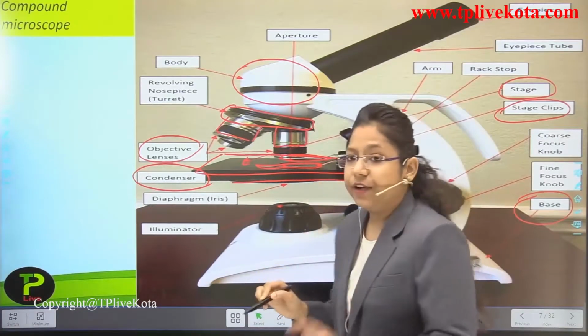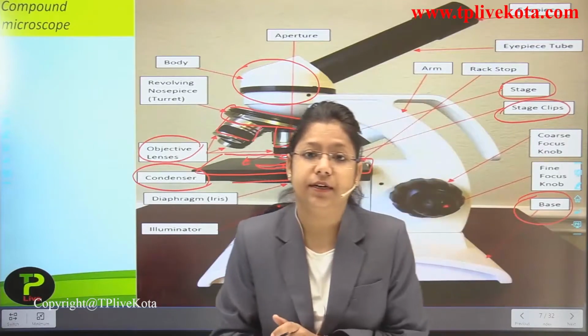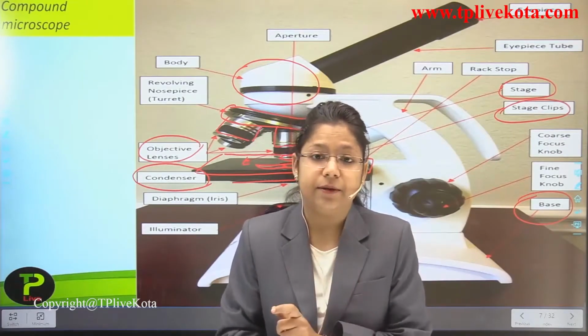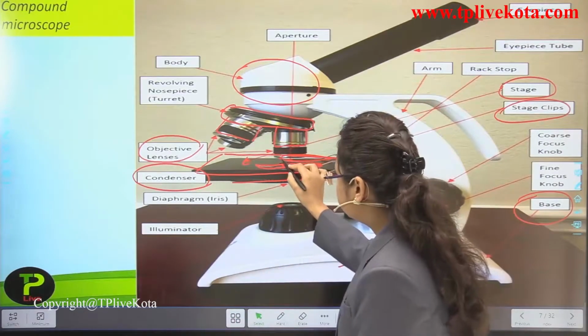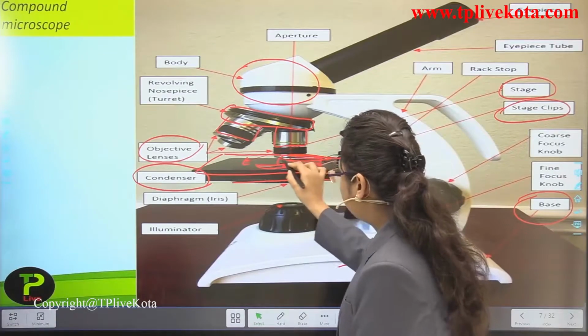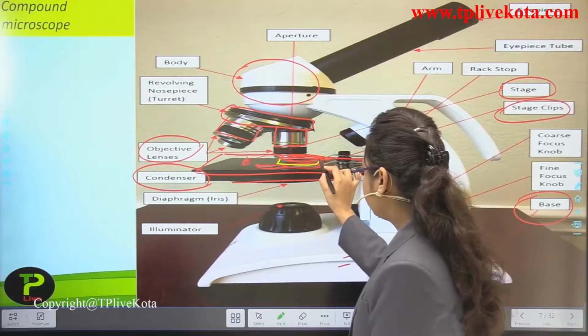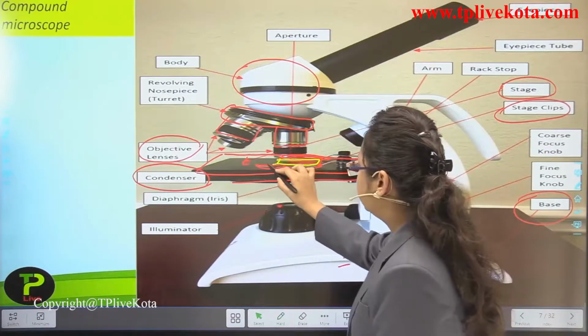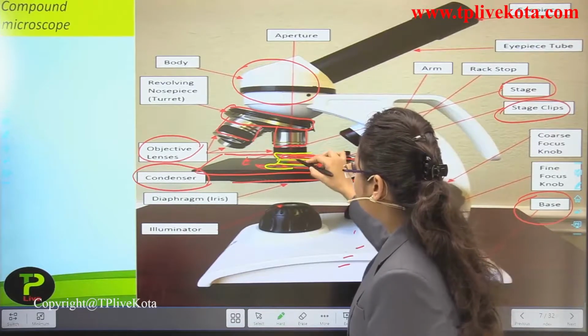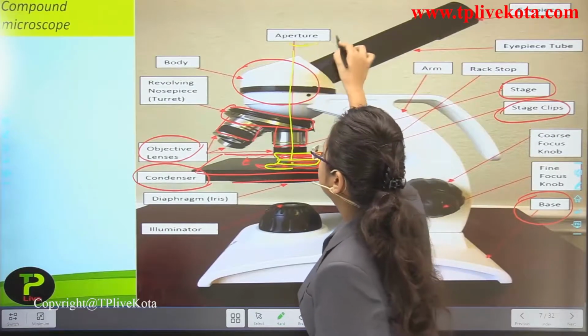Okay, now where the slide has to be put under observation. This is a great information. So here is the slide put. Okay, now I am drawing it with another pen, with a yellow colored pen. Here is the slide put under the 2 metallic strips. So this is known as what? Aperture.